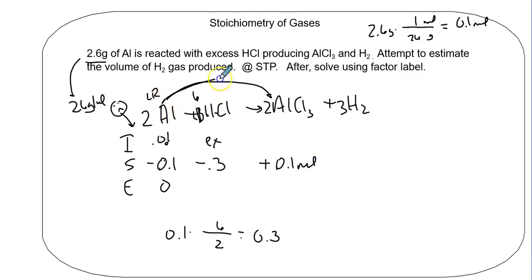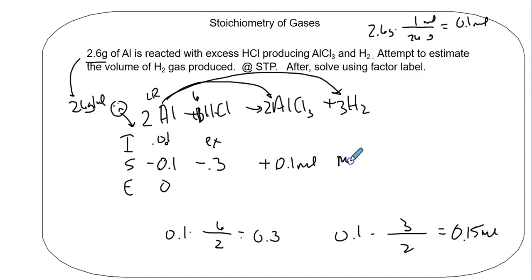And at a 2 to 3 ratio, I'll gain hydrogen. 0.1 times 3 divided by 2 is 0.15, which should make sense. 0.15 moles of hydrogen.